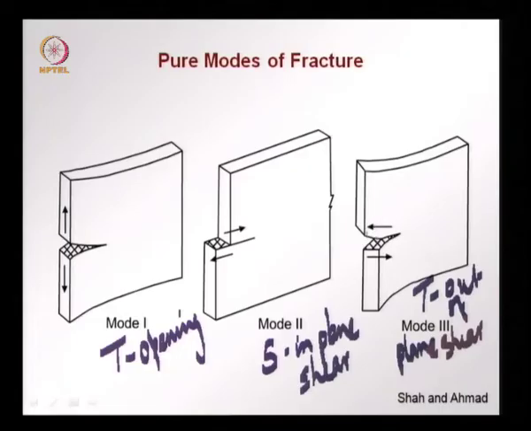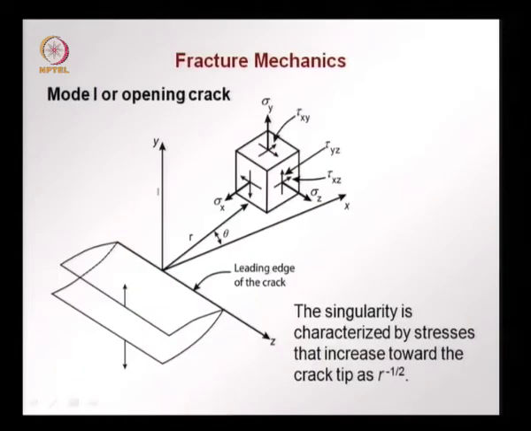So, there is some torsion here occurring. So, these are the three principal modes. The most common is mode 1. Most of our materials that we consider are failing in mode 1 or in the tensile mode with an opening crack. Let us look more in detail at what happens in mode 1 or for an opening crack.